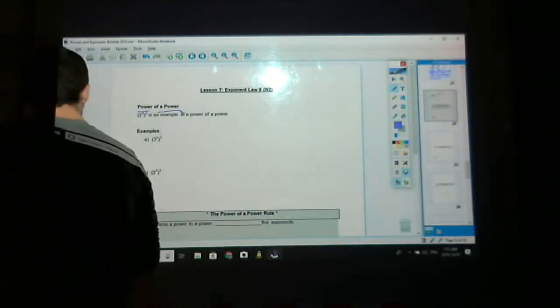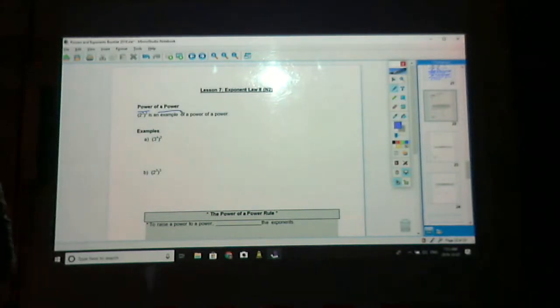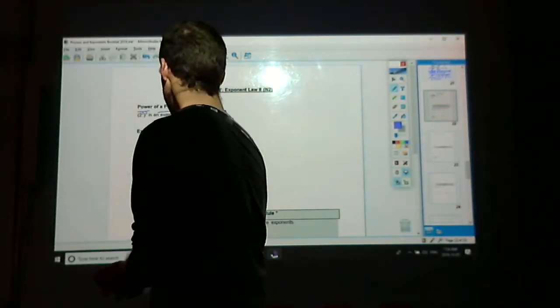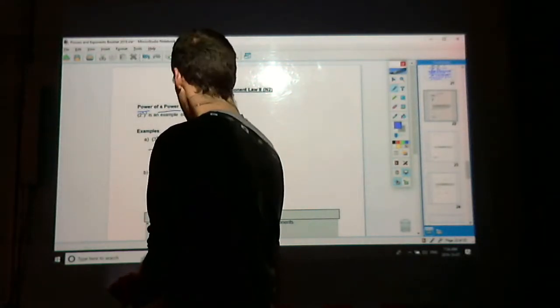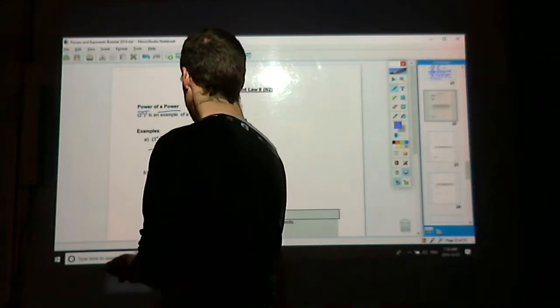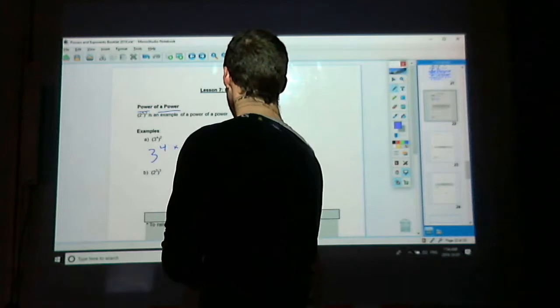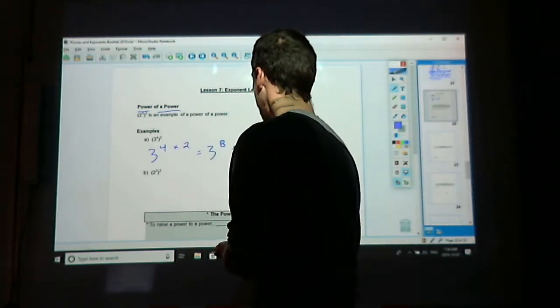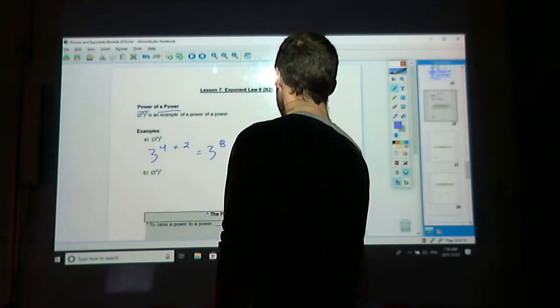Okay. For the first example, we'll do it the longer route, and then we're going to simplify things and look at how we can do it in an easier way. So this is the same thing as saying 3 to the power of 4, and then that times 2, so to the power of 8. That would equal 6,561.